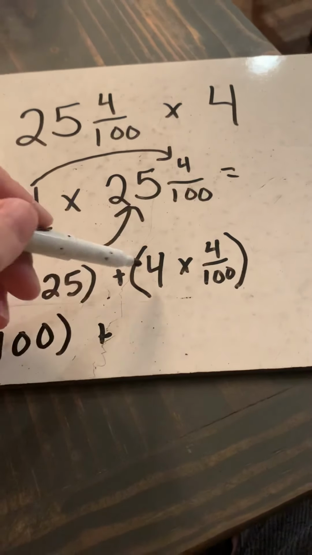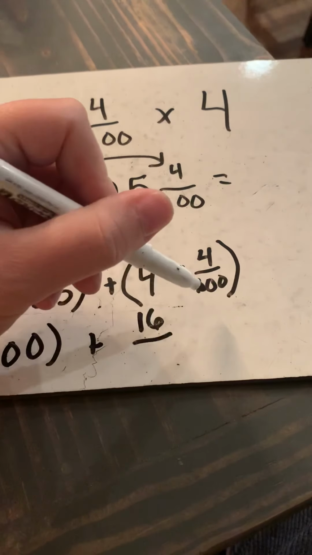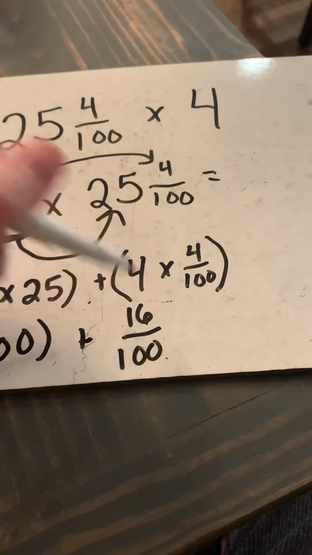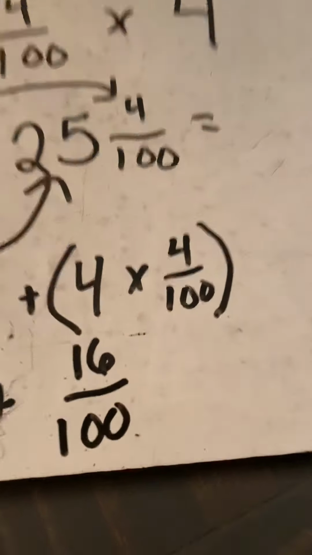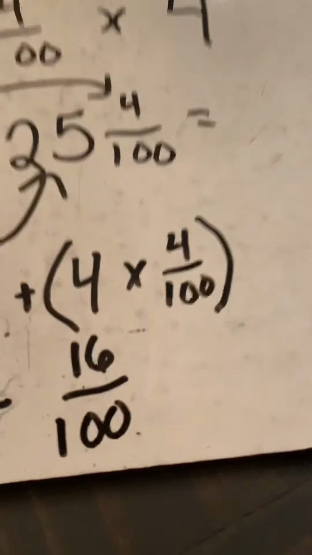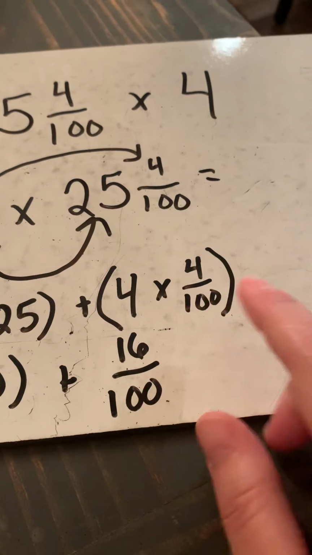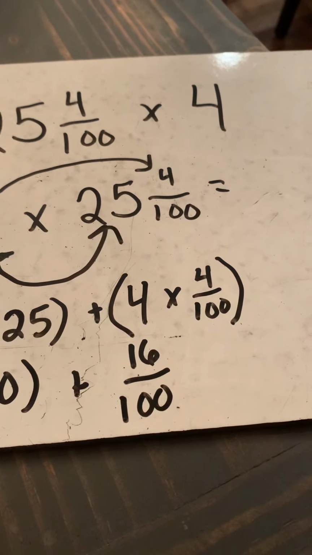And now I'm doing 4 times 4, which is 16. And my denominator stays the same. So it's 16/100. It is not, boys and girls, 400. I repeat, it is not 400. This is the same as saying 4/100ths plus 4/100ths plus 4/100ths plus 4/100ths.